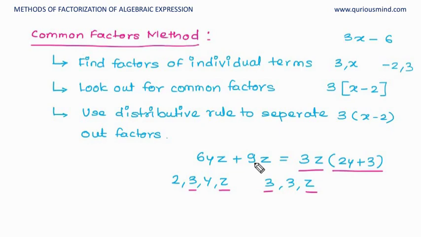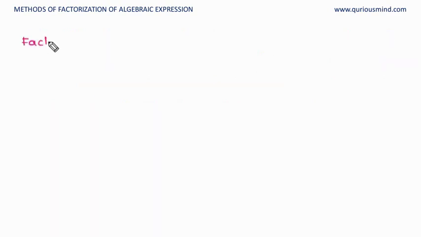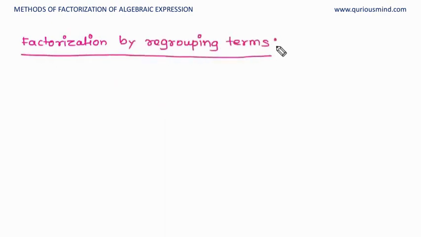Let's now look at the second method, which is factorization by regrouping the terms. In some algebraic expressions, we cannot see a common factor in all the terms, but we can see common factors among a few terms.